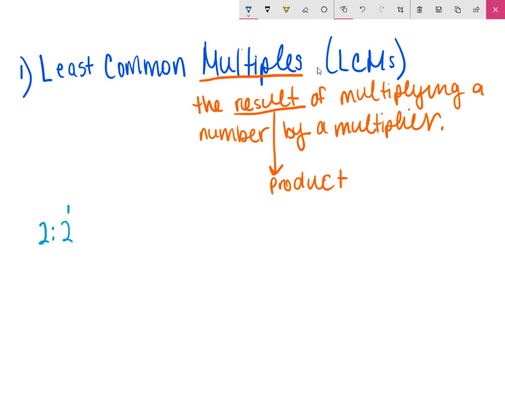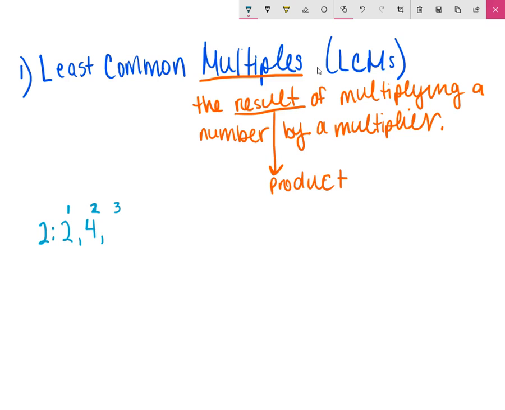I get 2. So 2 is a multiple of 2. Let's find another multiple, starting with multiplying by 2. So 2 times 2 is 4. And now 4 is a multiple of 2 because 4 is the result of multiplying 2 by a multiplier, 2.